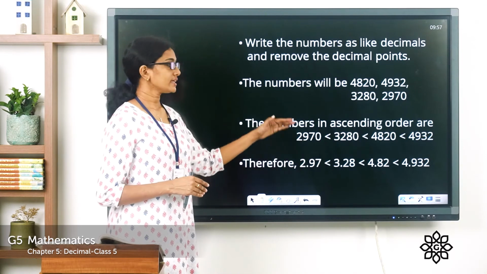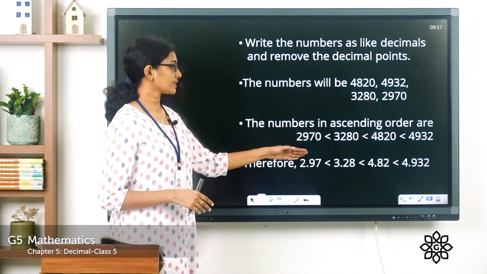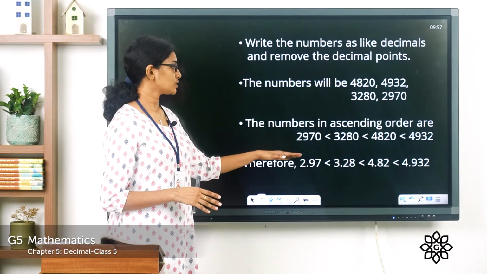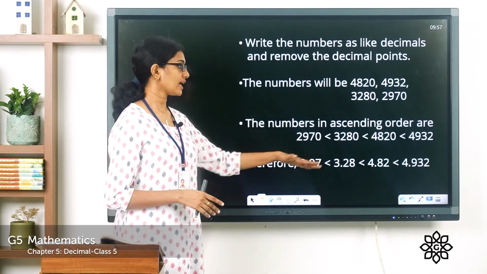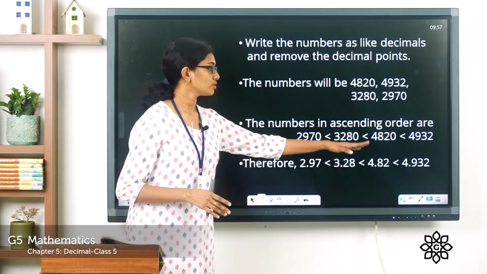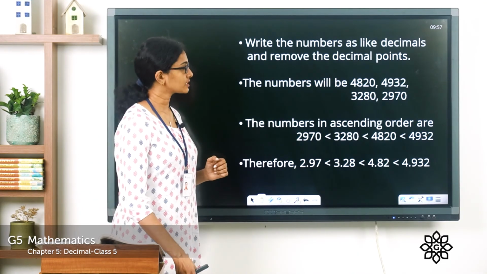So let's write the ascending order based on the question. So let's write the corresponding decimal numbers here. So the ascending order will be 2.97 less than 3.28 less than 4.82 less than 4.932. I hope you are clear with this.